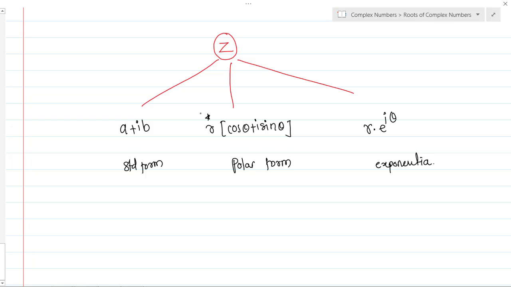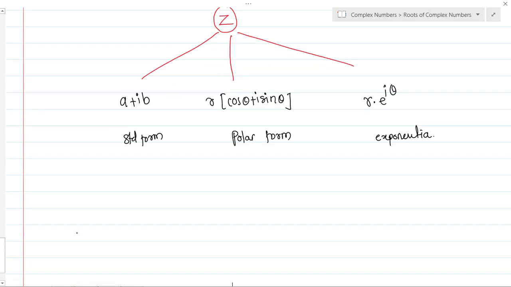So let's see a few examples here. Represent the following complex numbers in the polar form and the exponential form.